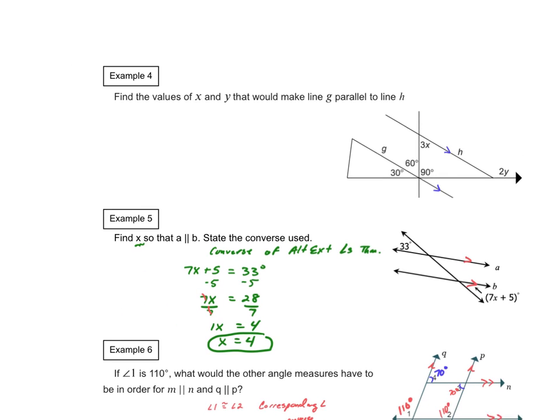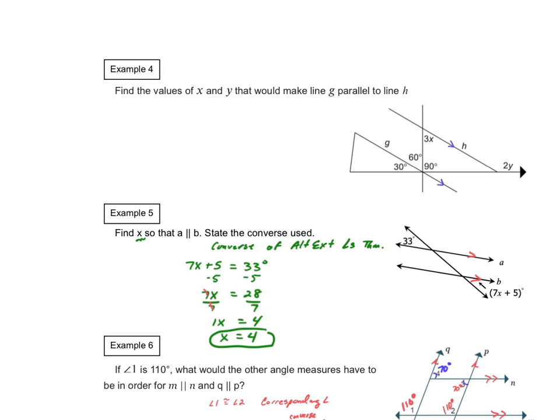So if I use the converse of the alternate interior angles, I would say that 3x is equal to 60 degrees, and divide by 3, and therefore x is going to be equal to 20.